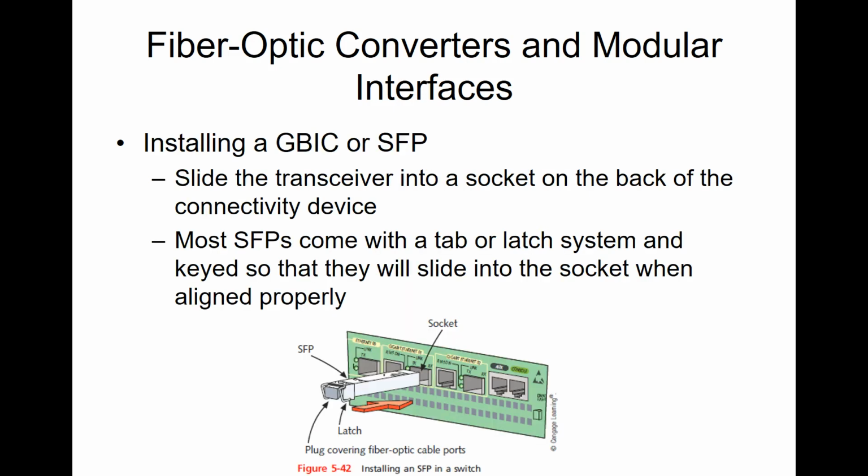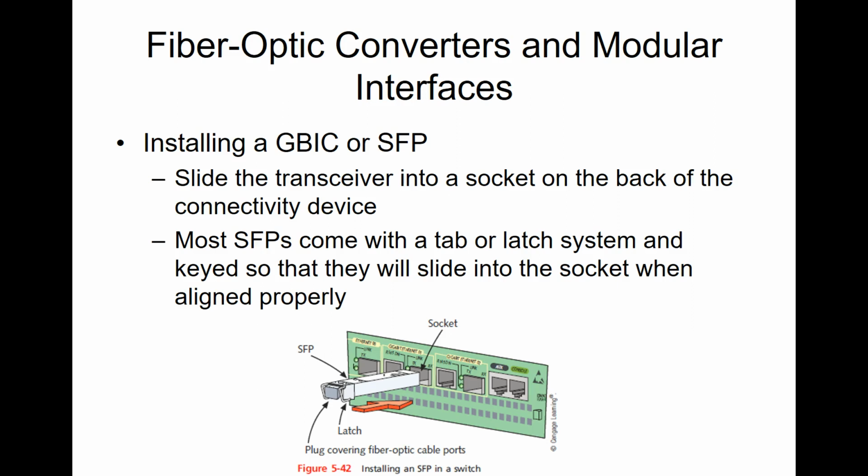I know that people online can't see it, but I'm holding it in my hand. This is a mini GBIC or an SFP. This actually is a transmitter, just like what they're showing you there. It slides into, and if you want to look at it in the back, we can actually plop this into our switch back there. This is a transmitter and a receiver all in one.